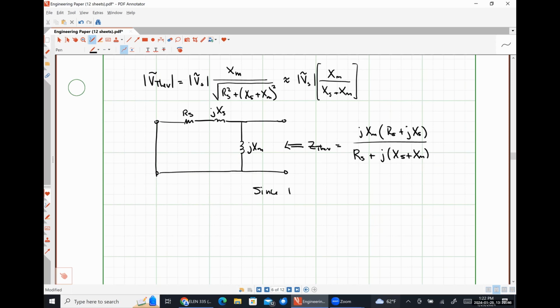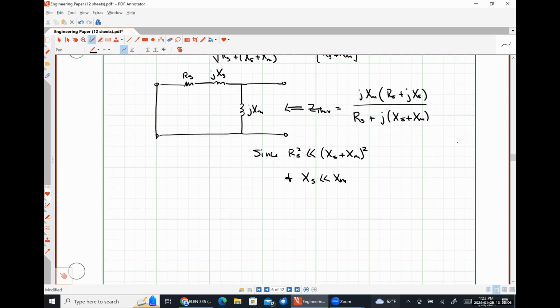Since RS squared is much smaller than XS plus XM squared, and XS is typically smaller than XM, we can approximate our Thevenin impedance as well.